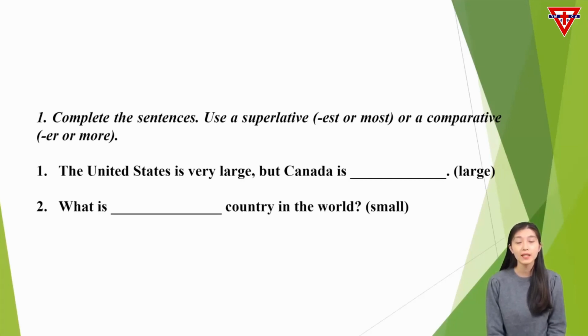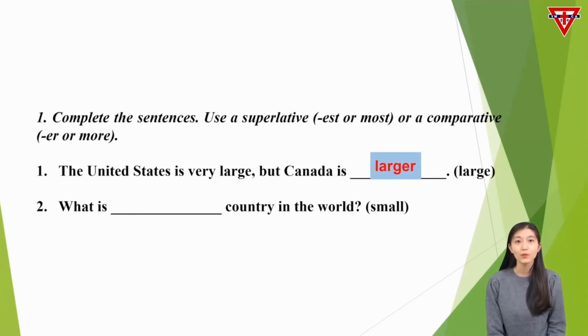In this case, Canada is being compared with the United States. There are only two countries being compared, so there are only two things to compare. So we should use the comparative form. The comparative form of large is larger, since it's a one-syllable adjective ending with E. So you have the answer, larger.